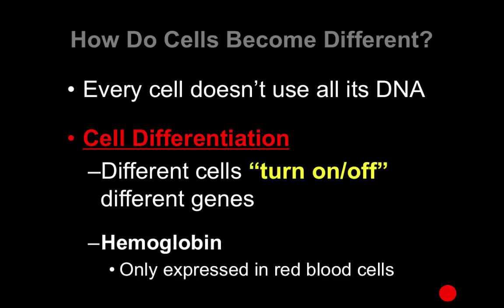So as an example, hemoglobin is a protein that's only expressed in red blood cells because it is used to carry oxygen. And none of your other cells need that to happen. So even though every other cell has the gene for hemoglobin, it's only turned on in red blood cells.